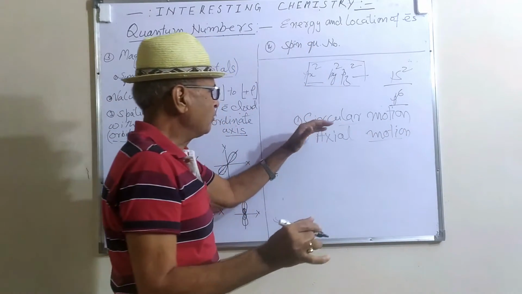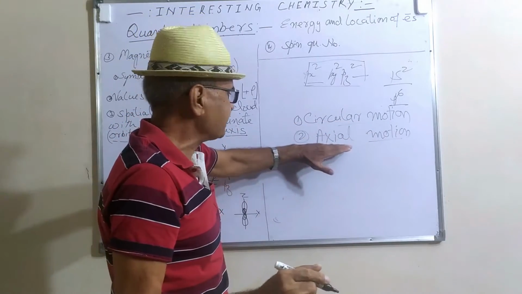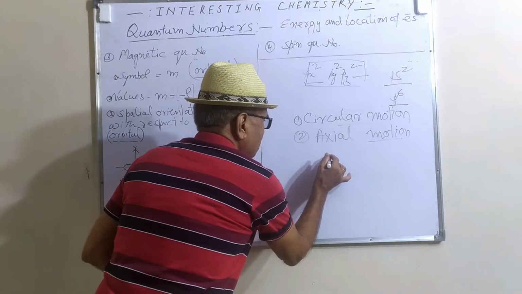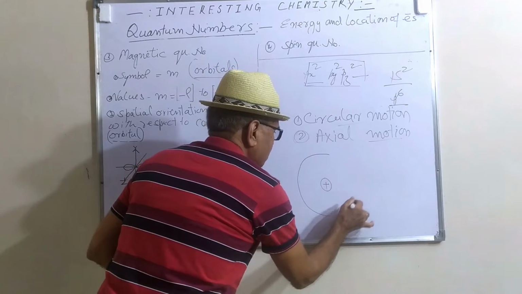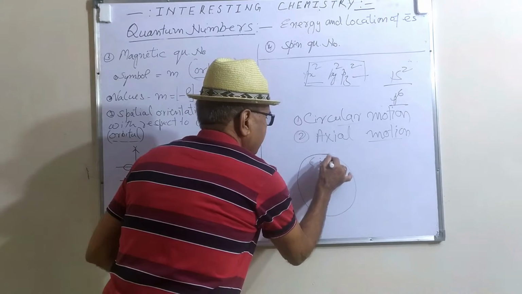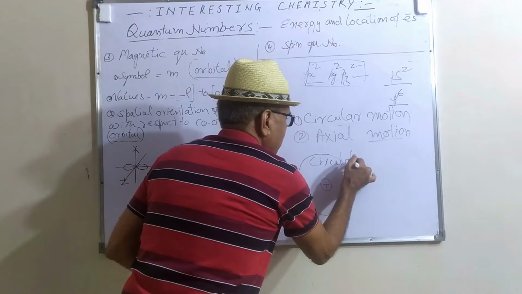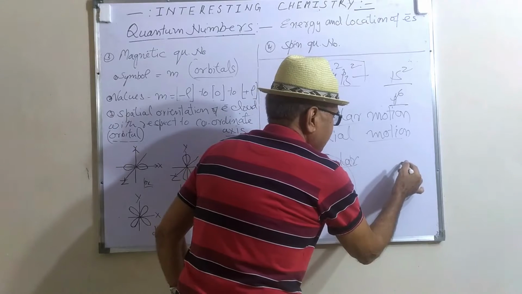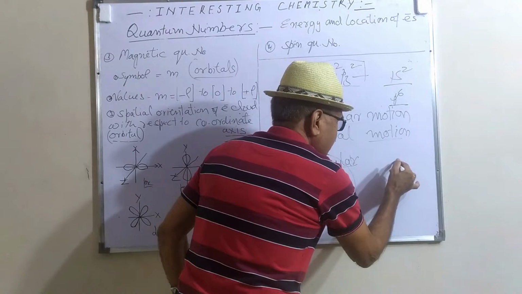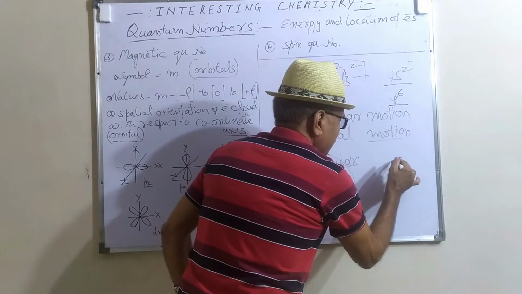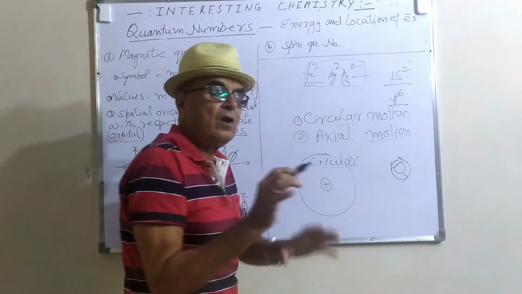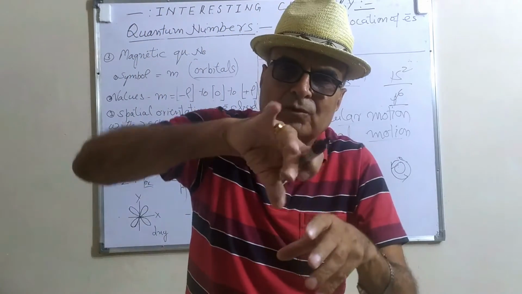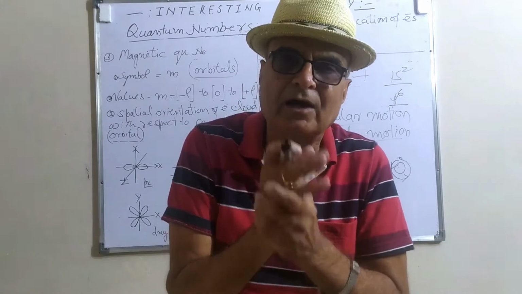Please try to understand what I am going to tell you, the circular motion and the axial motion. When an electron revolves around the nucleus, it is circular. But this electron also revolves around its axis, just like the earth.